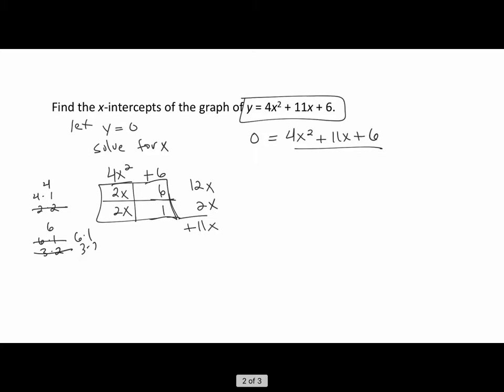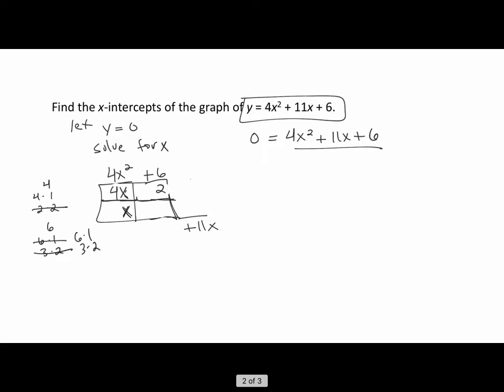So let's try 4 times 1 with all of those combinations now. So a 4x and a 1x. Let's try 3 times 2. That's 12x and 2x. That's not going to work.